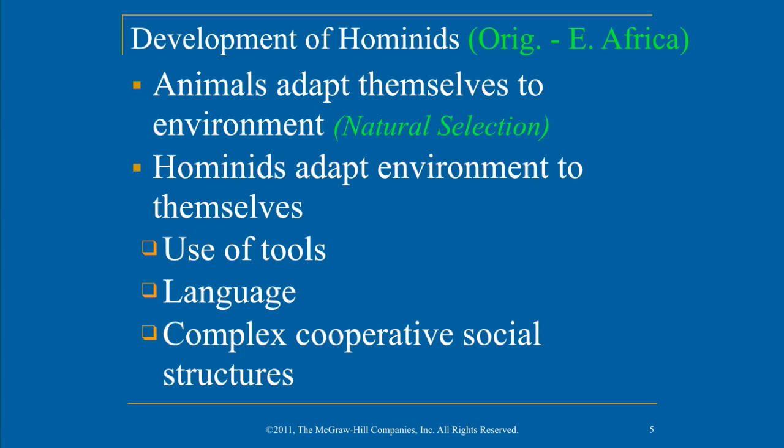This use of tools led them to find better sources of food. It allowed them to kill animals, which led to food. It allowed them to build weapons to protect themselves from other animals, etc. We also know that hominids developed language. This language wasn't very complex. It was basically a series of grunts.